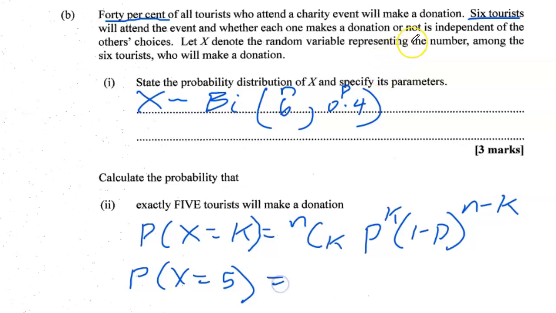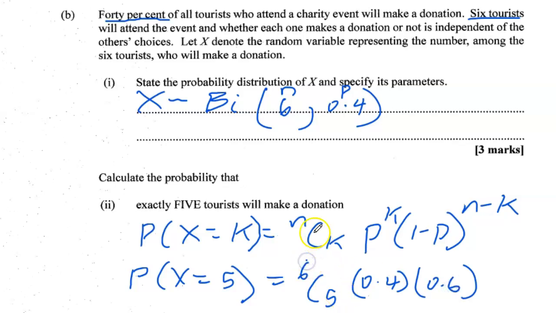So n is the total number of persons who attend, which is 6. So that's 6 choose 5. p is 0.4. 1 minus p is 1 minus 0.4, which is 0.6.